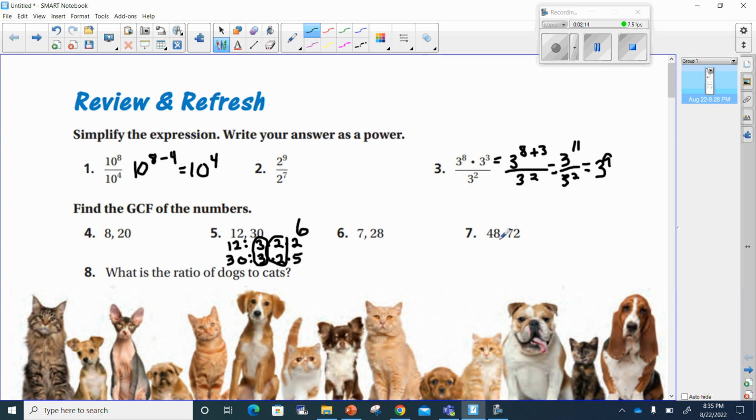All right, number 7, we're looking for the greatest common factor of 48 and 72. 48 can be found, let's see, by taking 2 and multiplying it to 24. 24 can be found by taking 2 and multiplying it to 12. 12 can be found by multiplying 2 to 6. 6 can be found by taking 2 and multiplying it to 3.